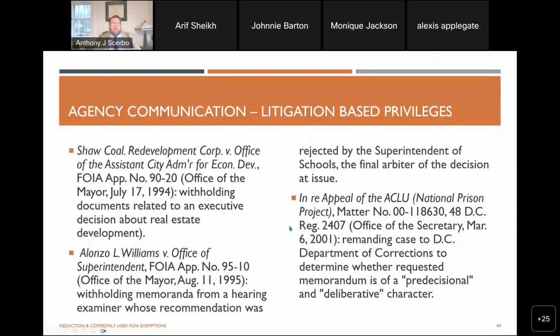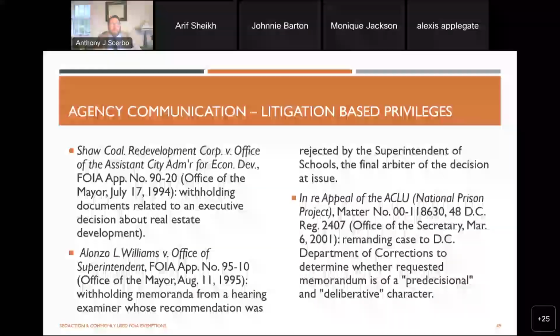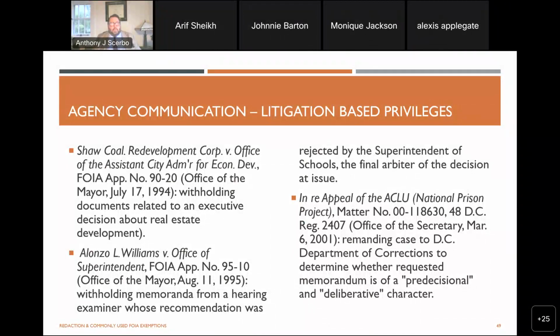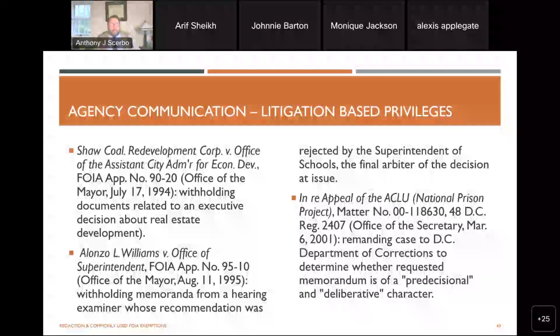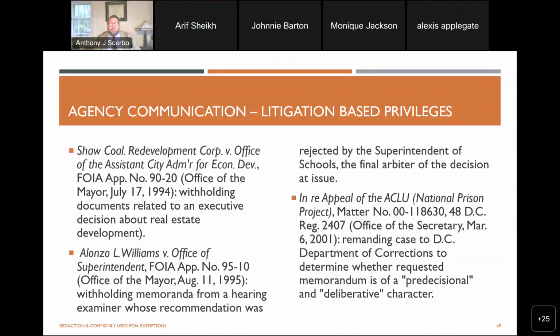Let's talk quickly about these three cases. In Shaw Cole Redevelopment, this case involved withholding documents related to an executive decision about real estate development. And then Alonzo Williams versus the Office of the Superintendent concerned withholding memoranda from a hearing examiner whose recommendation was rejected by the superintendent, and the superintendent was the final arbiter of the decision at issue.